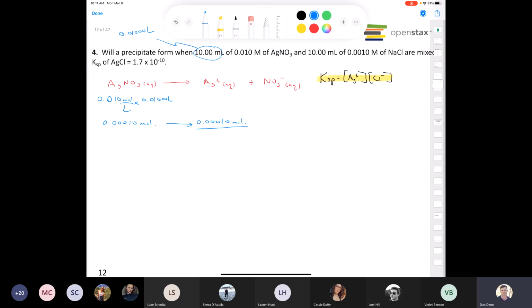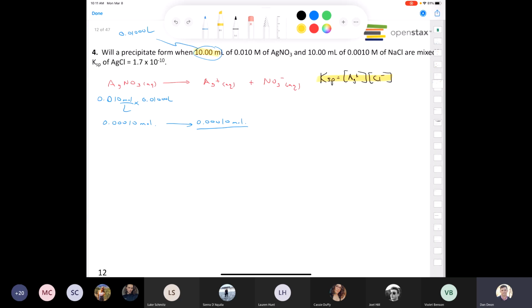Could anybody tell me what the volume would be? It's not a trick question. Could anybody tell me what volume I divide this by? My students are saying 20 milliliters. Okay. It just breaks my heart when I see students write that it's still this concentration.